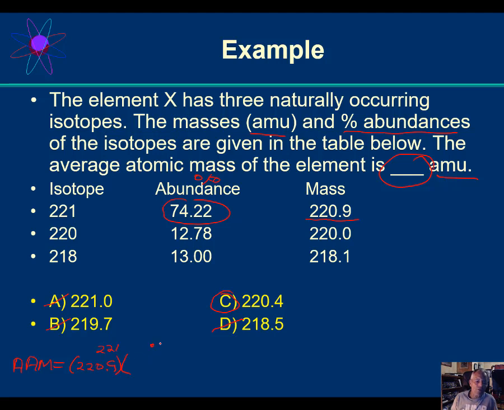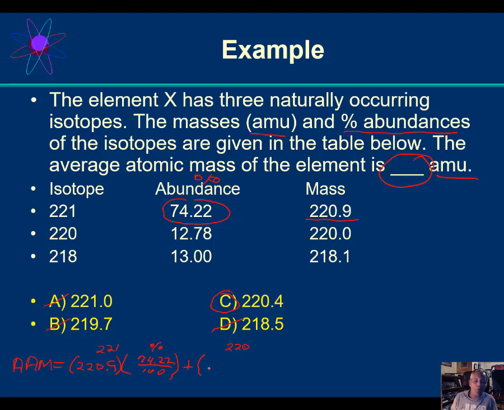Now, percent just means per 100, so I'm going to take that 74.22 divided by 100. Now, some of you may have already figured out that all I'm doing is moving the decimal place over 2 places to the left, because I want to get this out of percent and into a decimal.